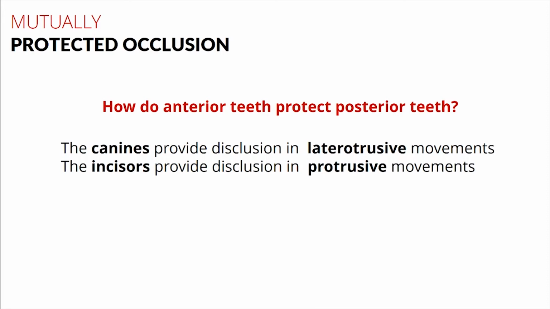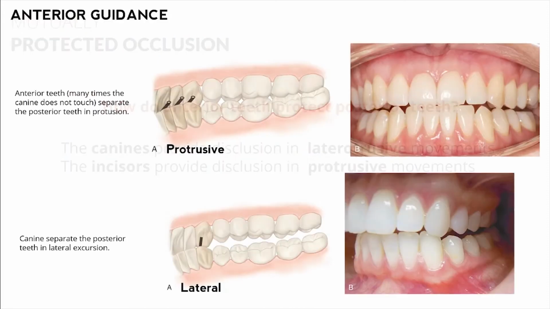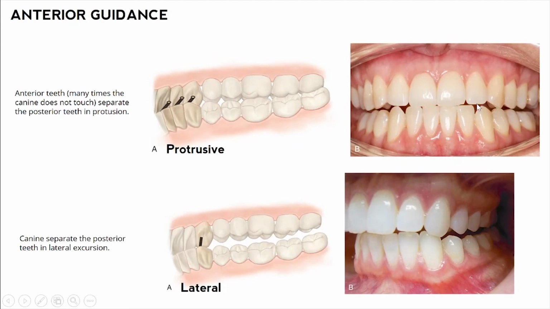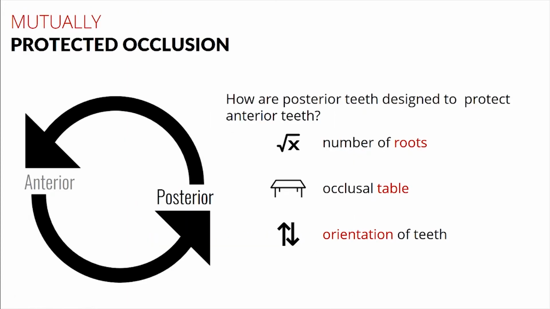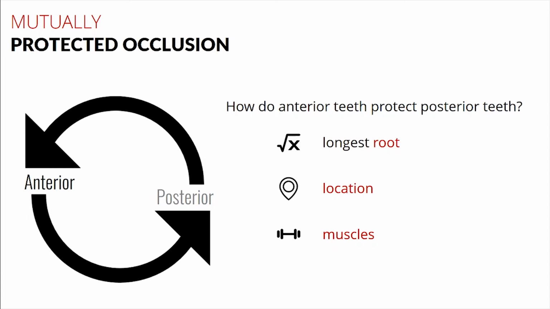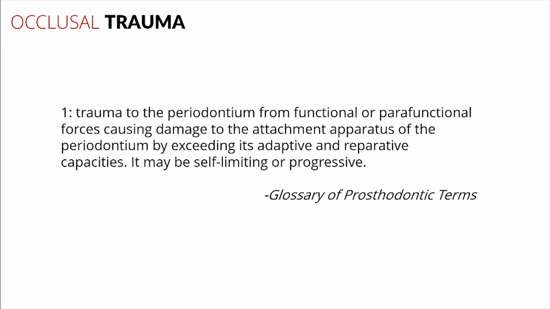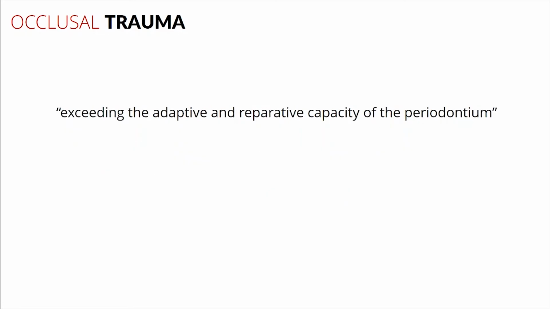This is just a slide summarizing these points. The canines provide disclusion in a lateral movement, and if we study the teeth as they slide straight forward, in what we call a straight protrusive movement, it's actually your incisors that do most of this work. I know that first point says longest tooth, but in a protrusive movement the incisors are doing the work, so obviously the idea of the longest rooted tooth doesn't apply to the incisors.